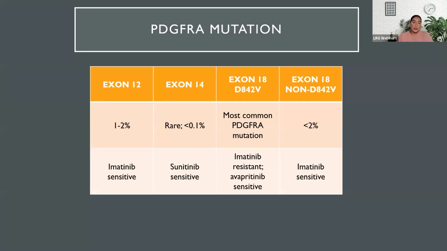Other mutations within the PDGFRA gene, like exon 12, and non-D842V exon 18 mutations do show sensitivity to imatinib, again highlighting the importance of mutational testing. PDGFRA exon 14 is rare, with less than 0.1% with that mutation, and it is shown to be sunitinib sensitive.